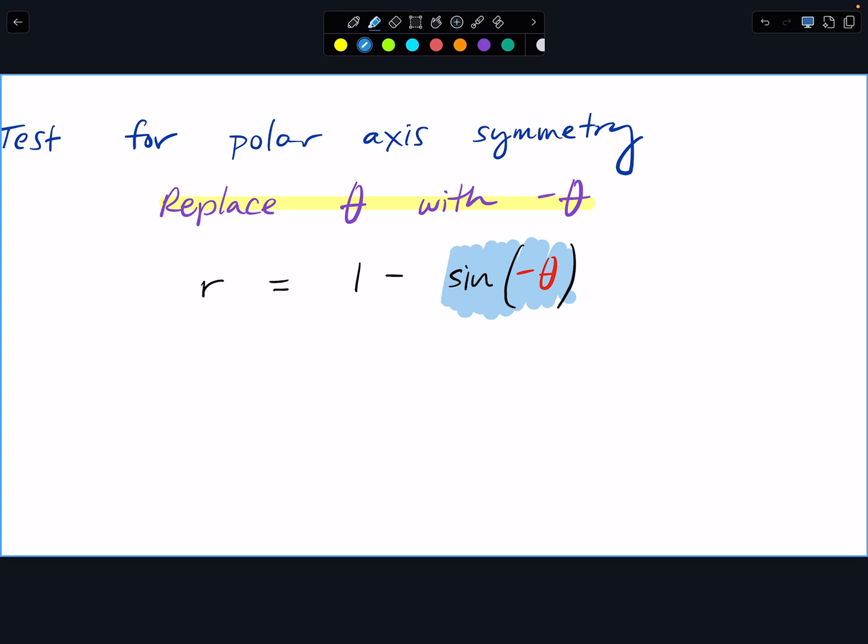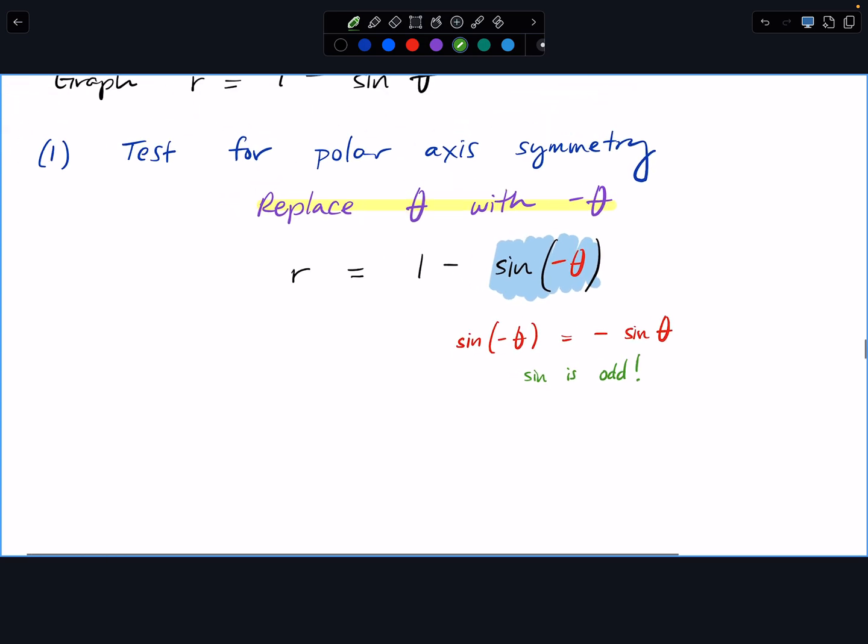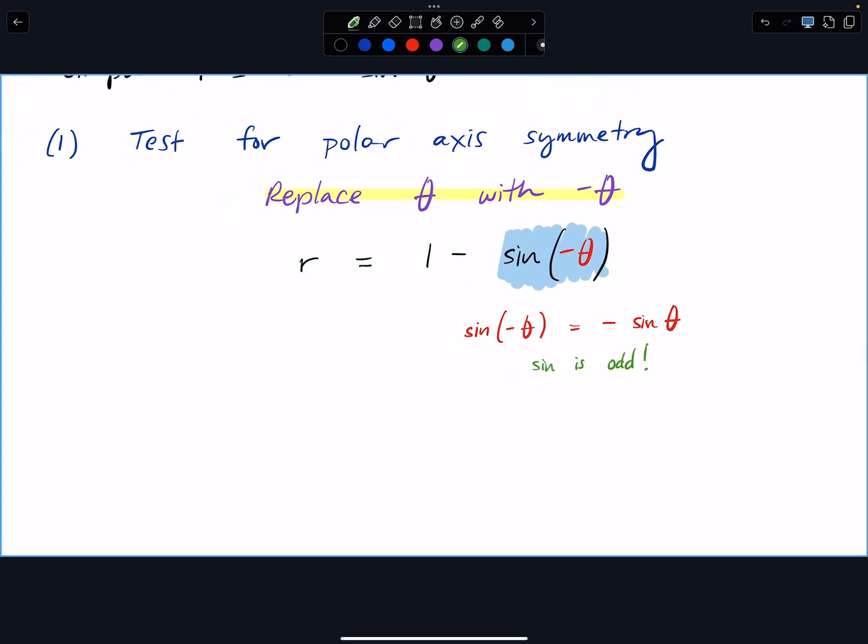Sine is odd. So this means the sine of negative theta is equal to negative sine of theta. You guys with me on that? Does that sound familiar? Hopefully.